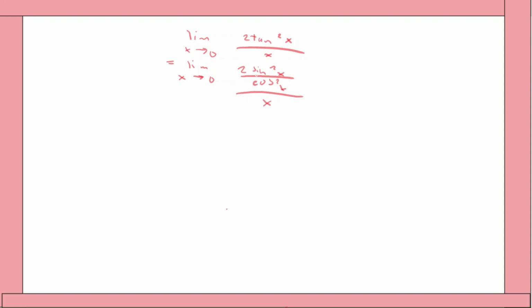So if we were to get rid of this complex fraction, in a sense, we would basically multiply by cosine squared of x, because this is like a 1 over cosine squared of x. If we were to cancel out this complex denominator and then do it down below, we could rewrite this as the limit as x approaches 0, and we'd be left with the 2 sine squared of x, because we canceled out this one from before with this one.